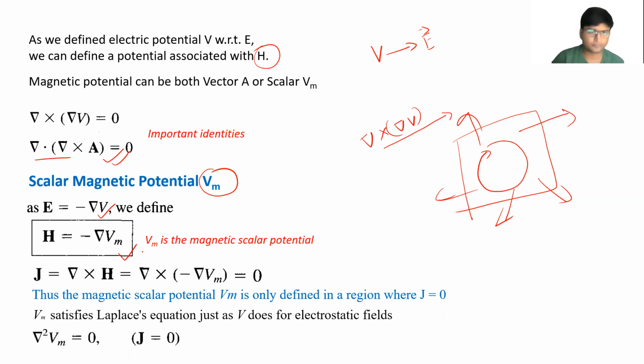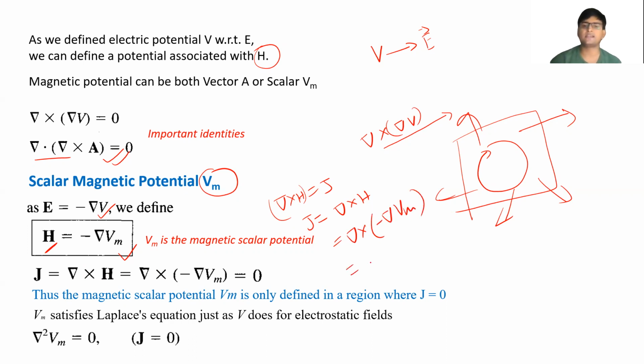Now, we also know from Maxwell's equations that del cross H is equal to J, right? Del cross H is equal to J, or I am writing it in the opposite direction, J is equal to del cross H. Now, if you replace this H, you will get del cross minus del Vm.